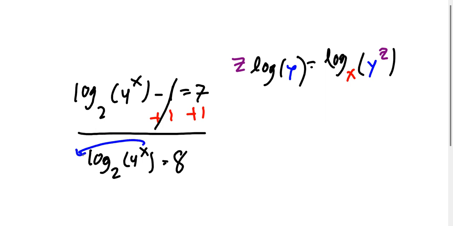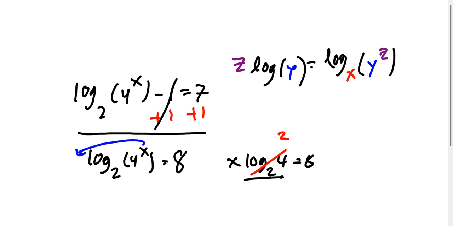So we're going to move the exponent backward, and we're just going to be left with x times log base 2 of 4 equals 8. Now, all we got to do is simplify this because it's only being multiplied by the x. Log base 2 of 4 just means 2 to what power is 4? In this case, that's 2. So we can cancel this out.